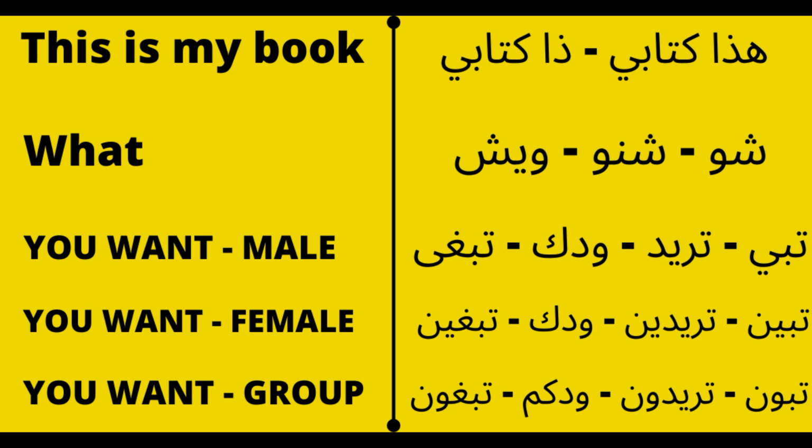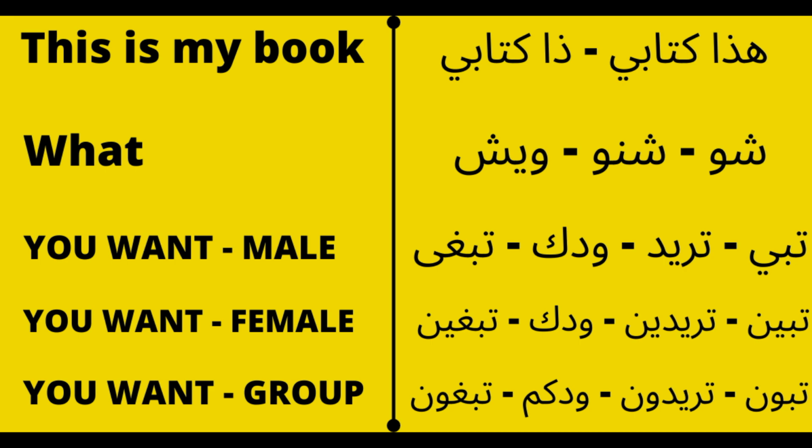Now the next one is WH question tool. It's what. How to say what in Gulf dialect? What, we can say it شو or شنو or ويش.